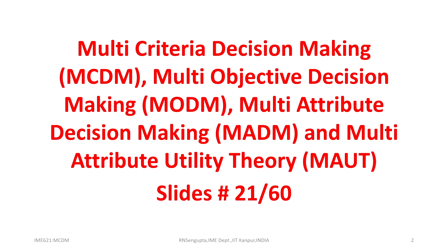The discussion we are going to have is that we are going to start the 21st lecture under the NPTEL MOOC series for this multi-criteria decision making course, which is for 60 lectures. The overall umbrella coverage which we will be doing through different lectures would be about MCDM, multi objective decision making, multi attribute decision making and multi attribute utility theory.